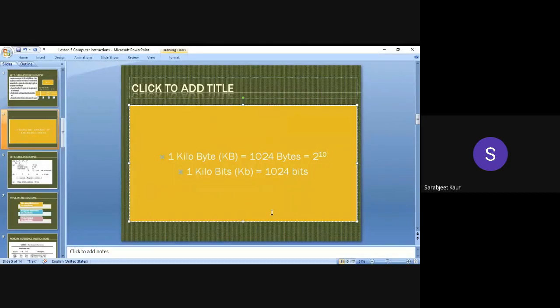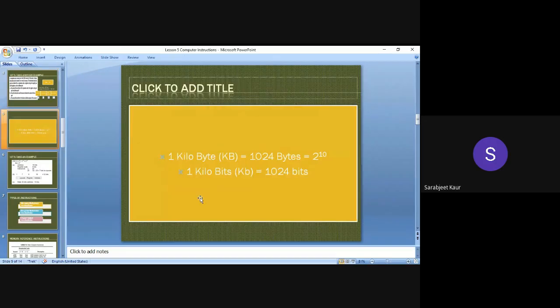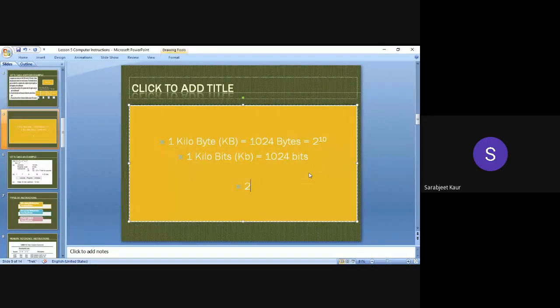So now coming back to the example. How many words, how many memory locations are there in our case? 256K.